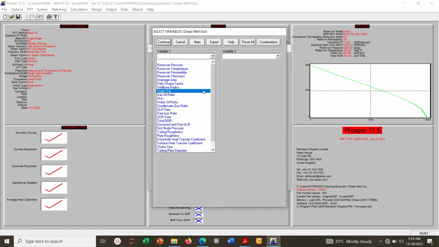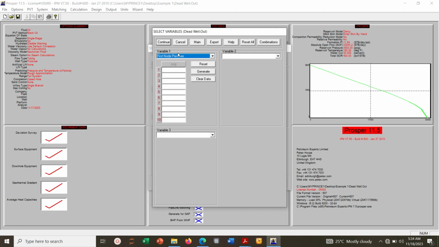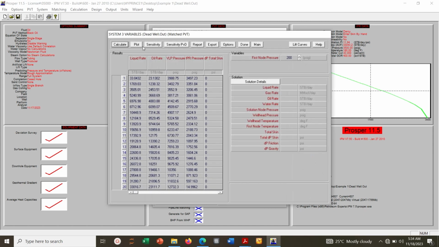Let's reduce the water cut, or let's reduce the wellhead pressure, which is the first node pressure. The current wellhead pressure is 300. Let's reduce it to 200 and see whether the well will flow.